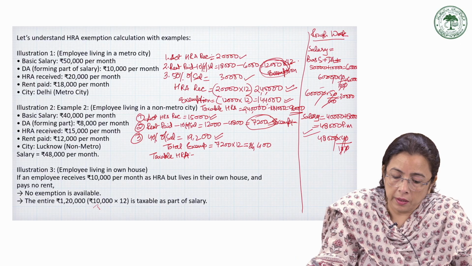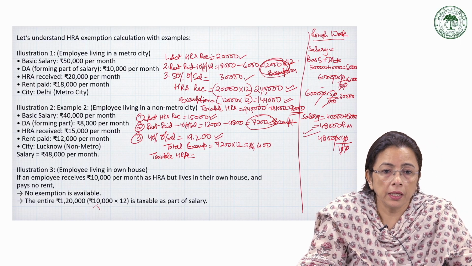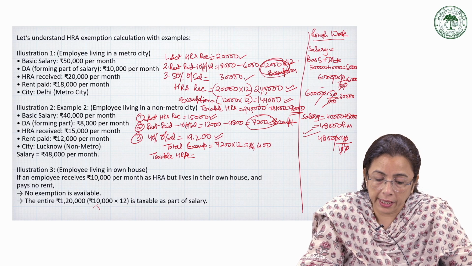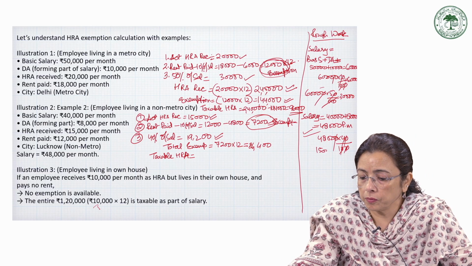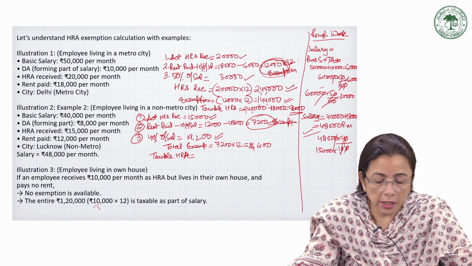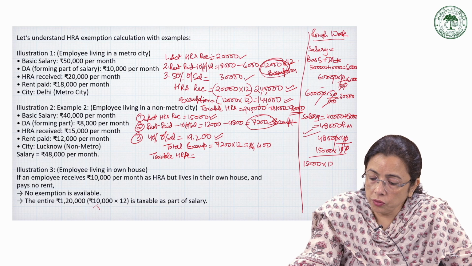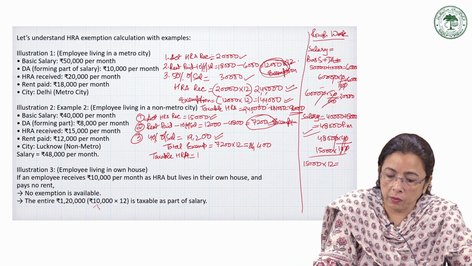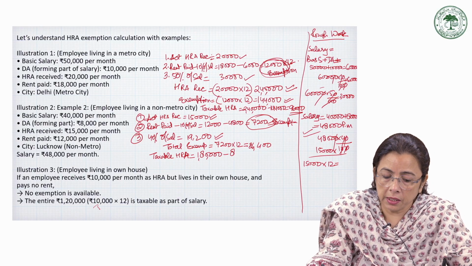So now we will do the taxable HRA. Total HRA received is 15,000 per month, 15,000 into 12, that is 1,80,000, minus the exempted amount of 86,400.